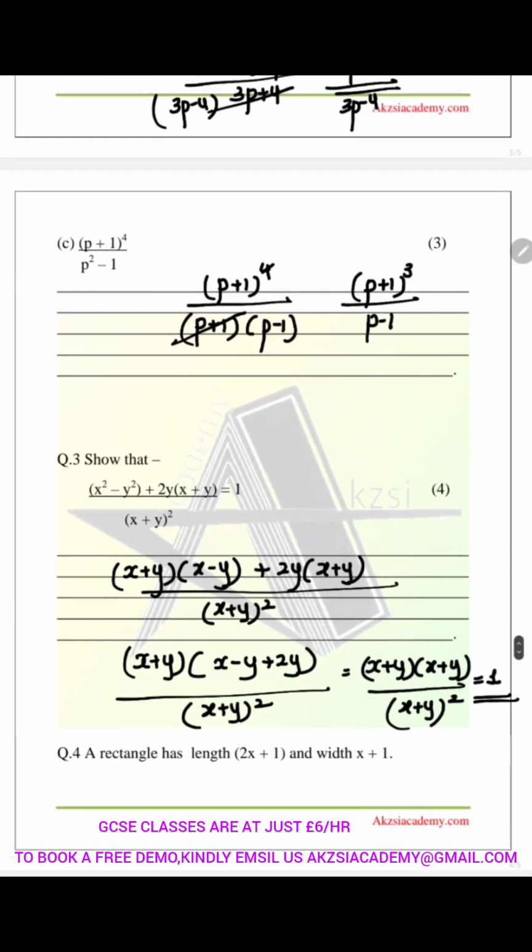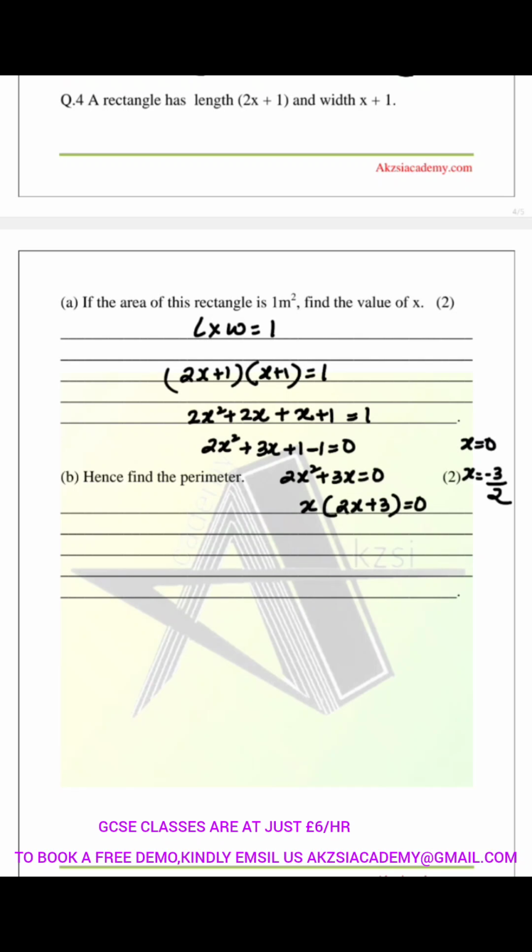Now we have calculated the value of x, what we will do is just substitute these values of x and see whether length and width come out to be positive or not. So x has these two values, but to calculate the perimeter, at least we should have legit values of length and width.